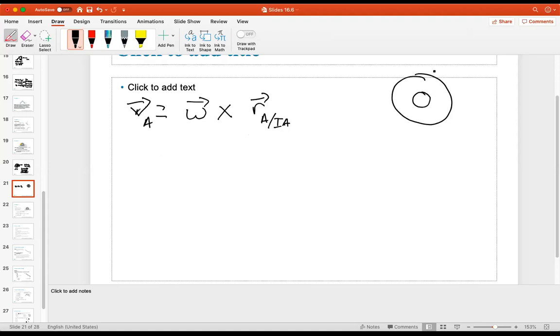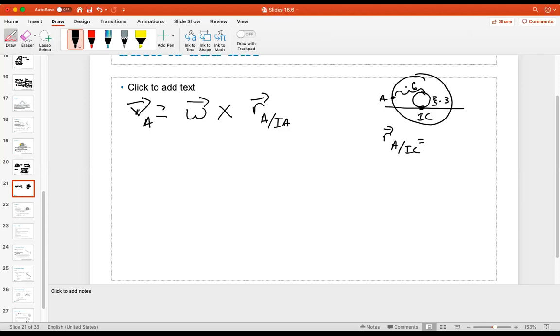So the outer radius, so here's a point of contact, and this is the point I want. And the problem tells me that this distance is 0.6 and that this distance is 0.3. So I get that the vector RA, the position of A relative to the instantaneous center, is going to be, well, think about it.